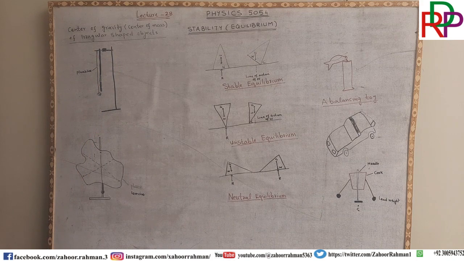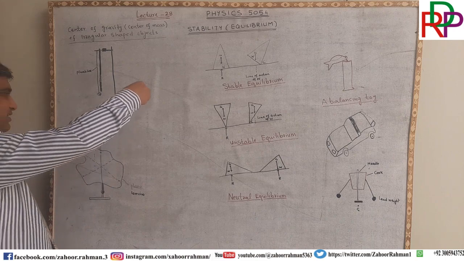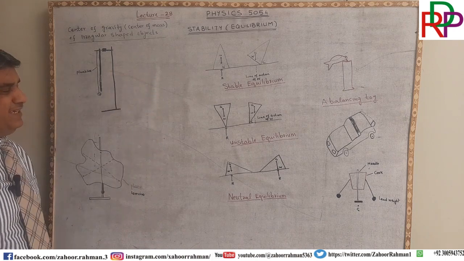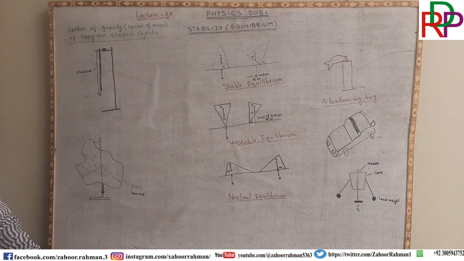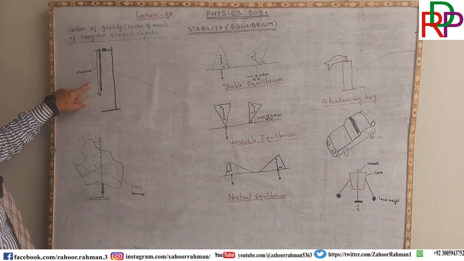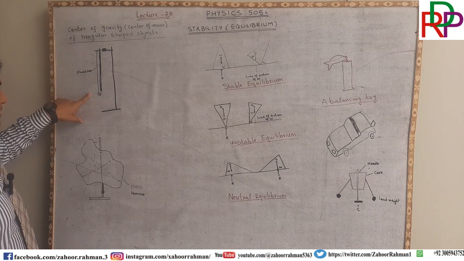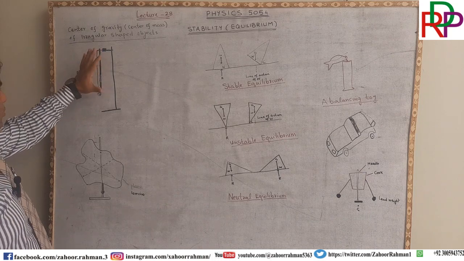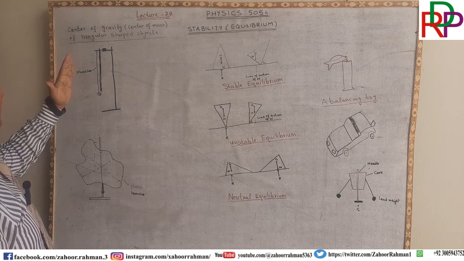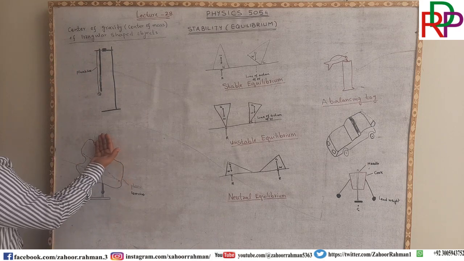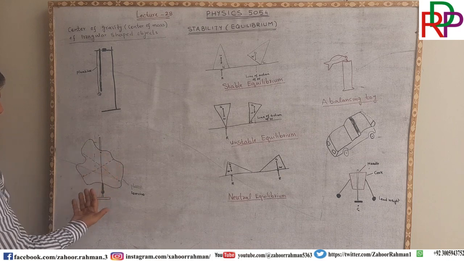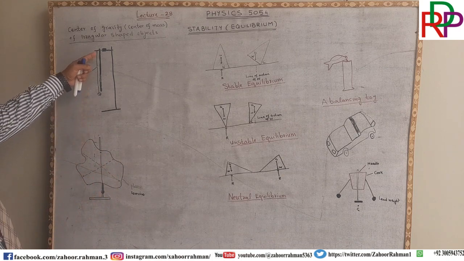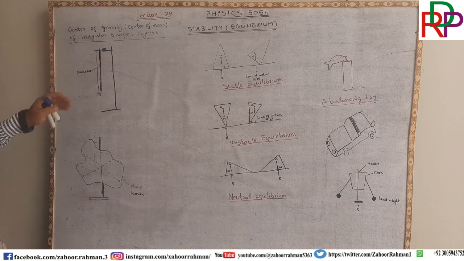You might have seen when masons are constructing walls, they check again and again whether the wall is straight or not. This plumb line is that thing. This is shown from the side. When we take it from the front, it will look like this. This picture is from the side.